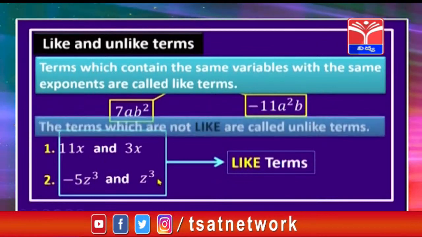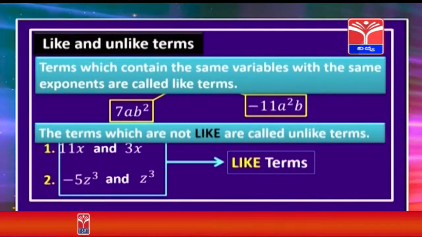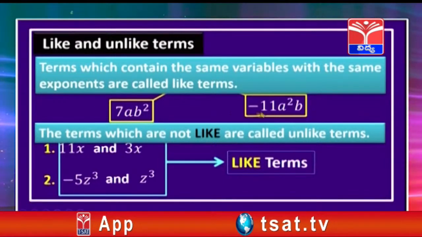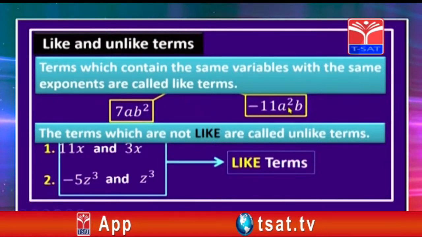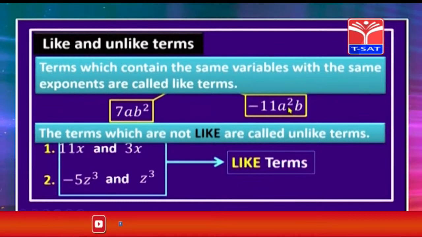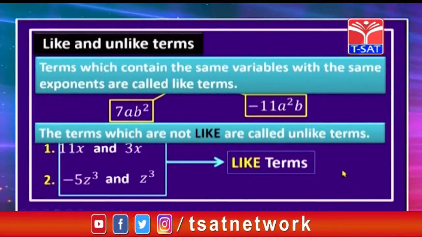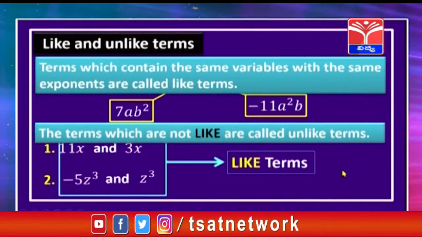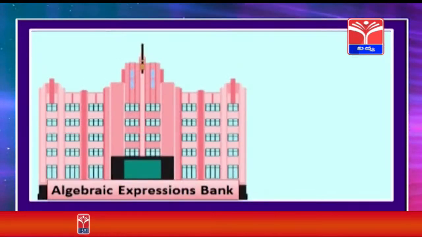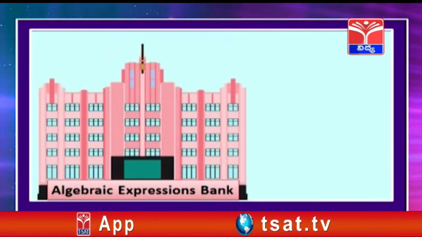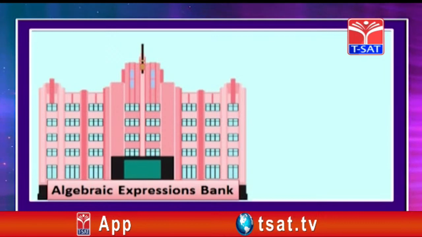Now what do you mean by unlike terms, children? The terms which are not like are called unlike terms. So here these two are not like. Why? Because the variables are the same, but their exponents are different. So that's why we call them unlike terms. Got it, children?